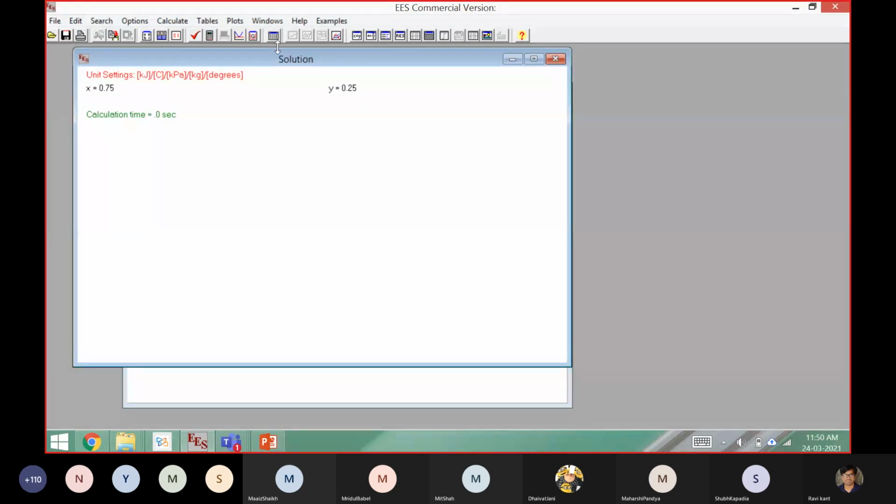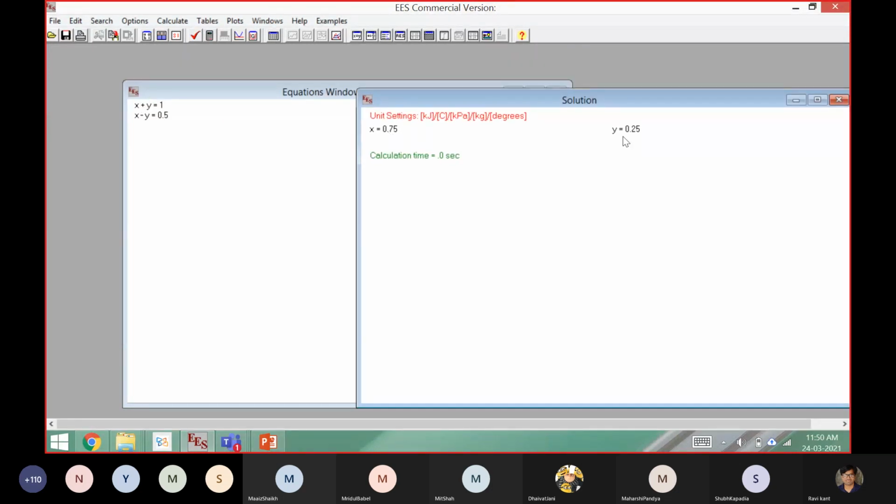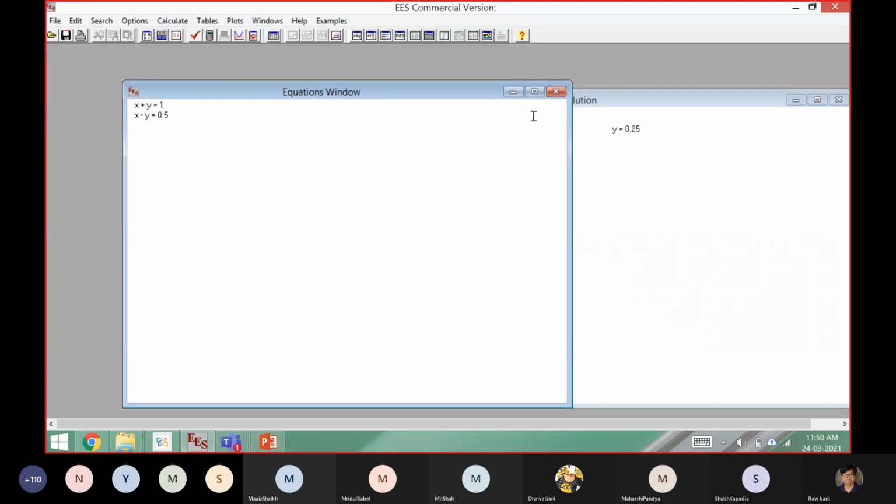It will give you the answer. X is equal to 0.75, y is equal to 0.25, and that is correct: 0.75 plus 0.25 is 1, and 0.75 minus 0.25 is 0.5. This is how you do all sorts of algebra. It has lots of capabilities. Although this is basic, I would request you to learn MATLAB, Octave and Scilab also. So now let's come to the point.